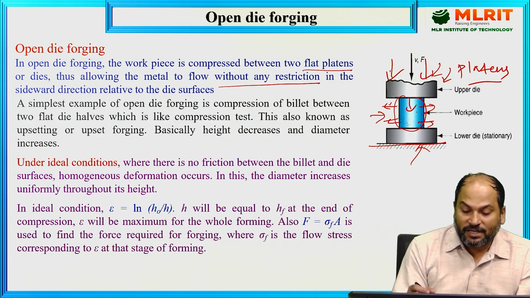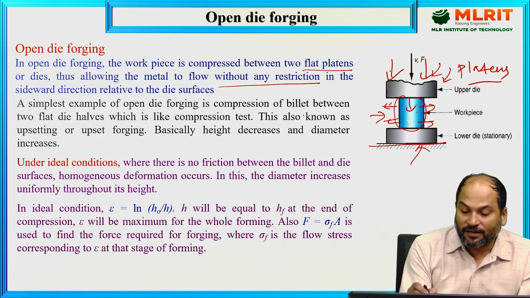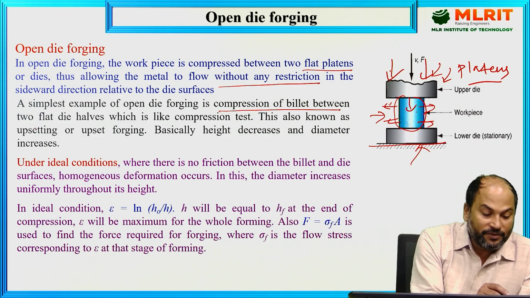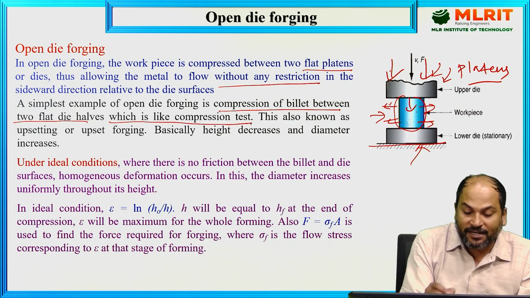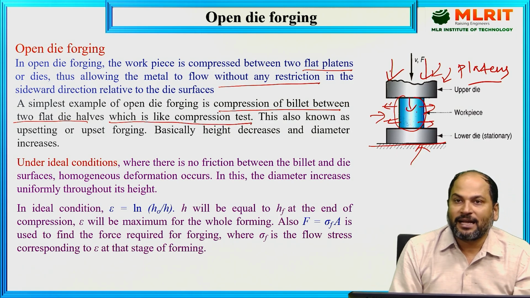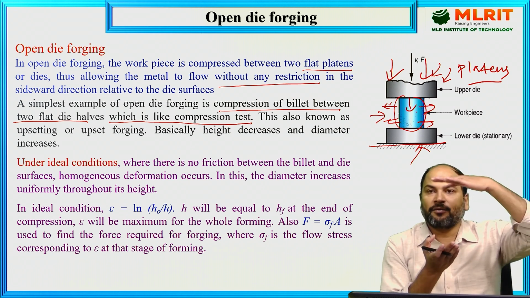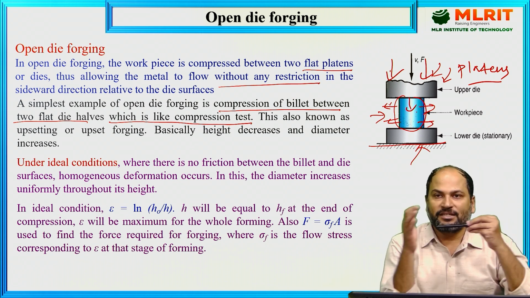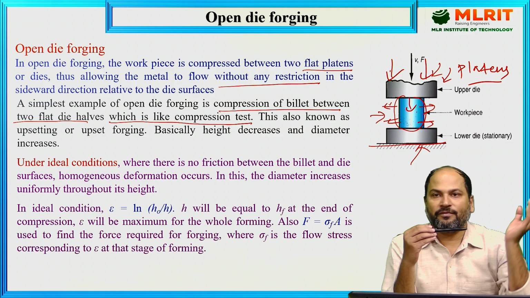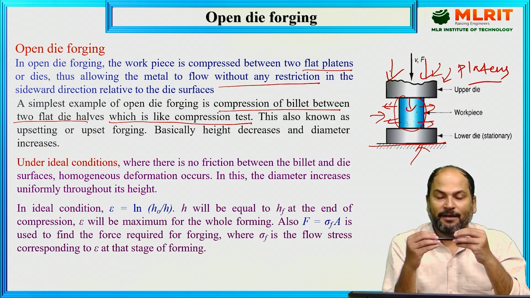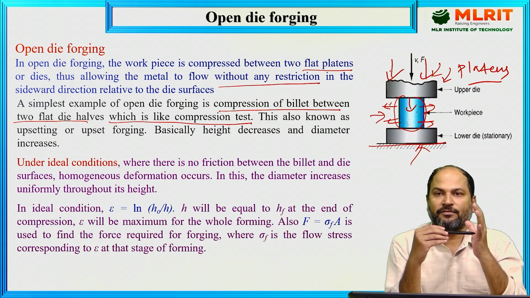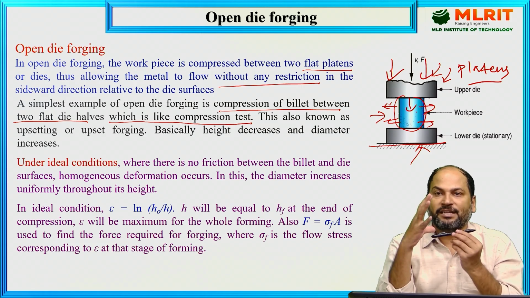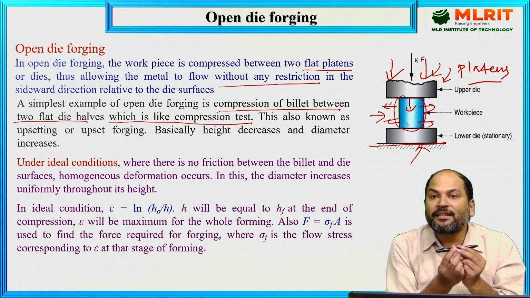Simple example, what is the example of this one? Compression of a billet between two flat dies, which is like a compression test. In the diagram it is clear. Just like a compression test, suppose we have to increase the cross section area. I told when we started this one, from both sides I'm applying the force. What is happening? Cross section area will increase, and its length will decrease.